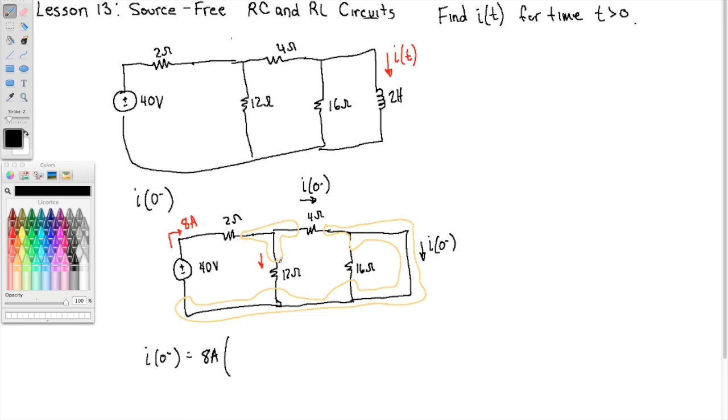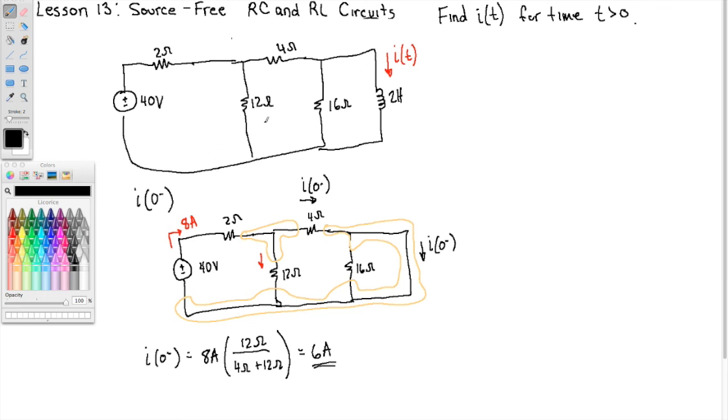Well, we'll take the resistor whose current we're not interested in and divide it by the 4 ohm plus the 12 ohm. So this fraction is 12 over 16, or 3/4. 3/4 of 8 is 6 amps. There's our initial current.